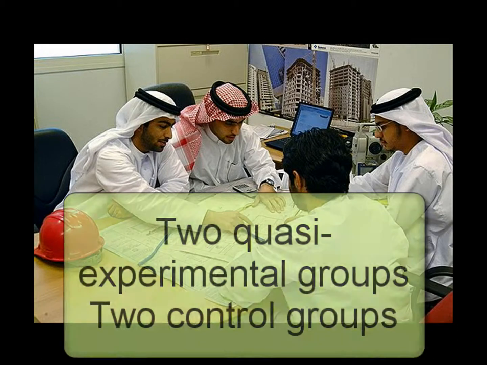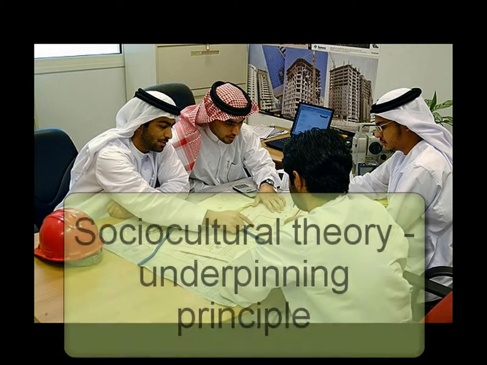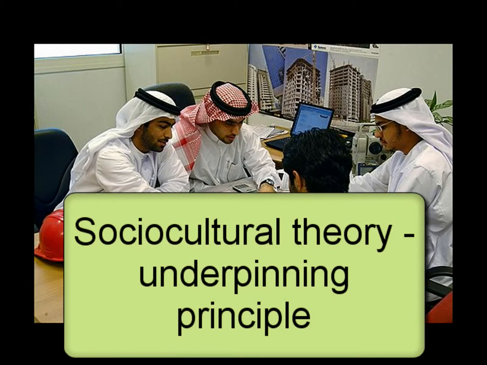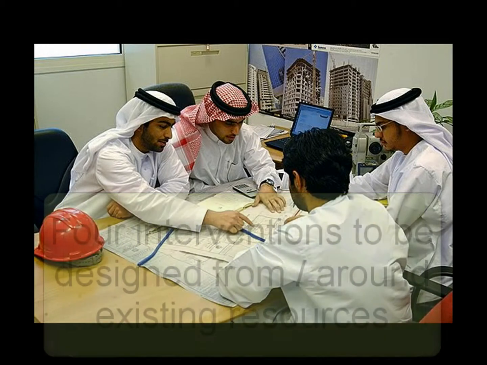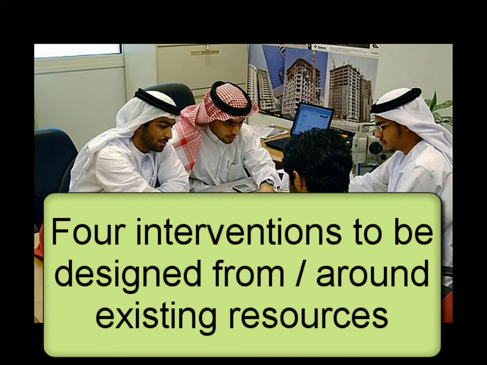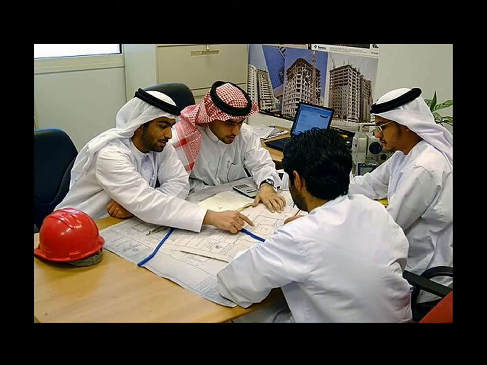Through discussion with these 4 instructors, we identified sociocultural theory to be the underpinning pedagogical philosophy for the design of 4 interventions based around some of the existing resources that these faculty were already using. In particular, they were based around advantage and disadvantage and compare and contrast essays.